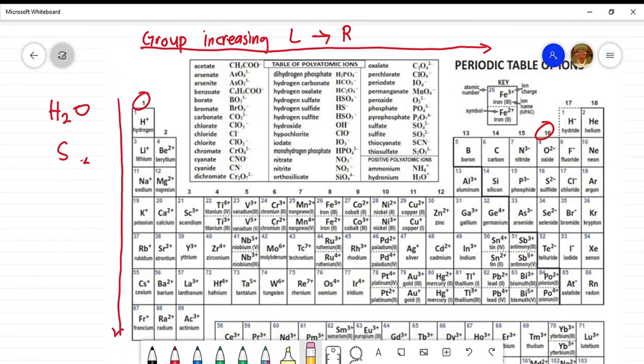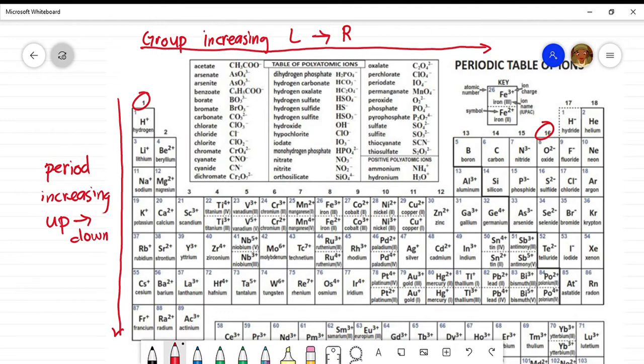The period number is increasing from up to down. So for sulfur, we will have to write the higher element first, the element with a higher period number.